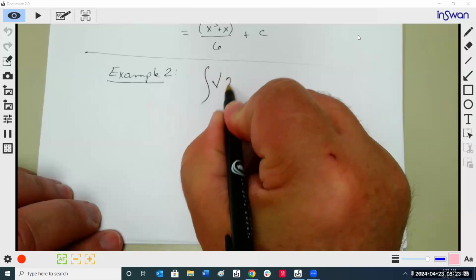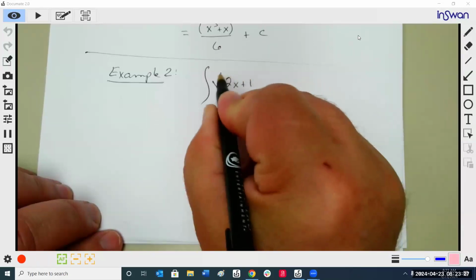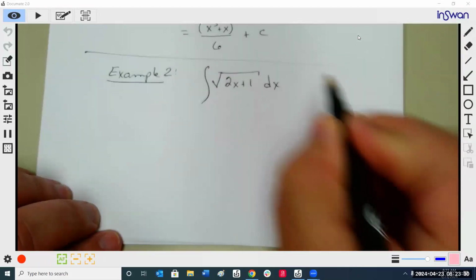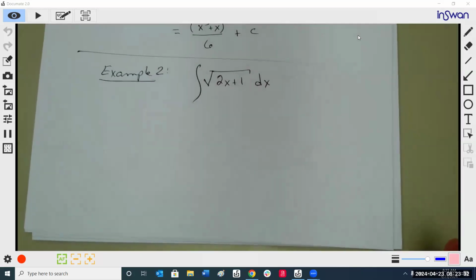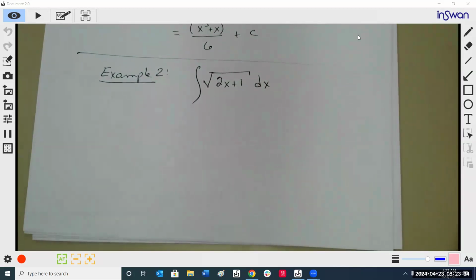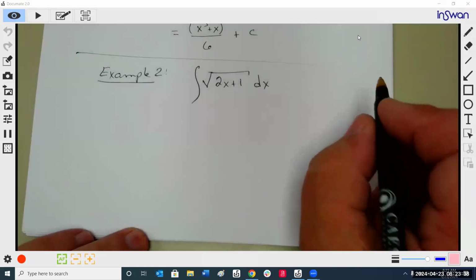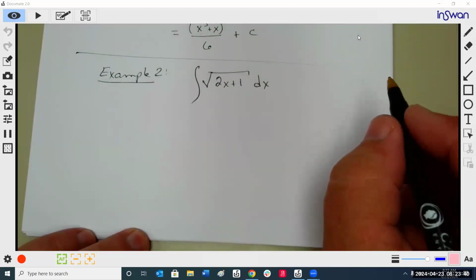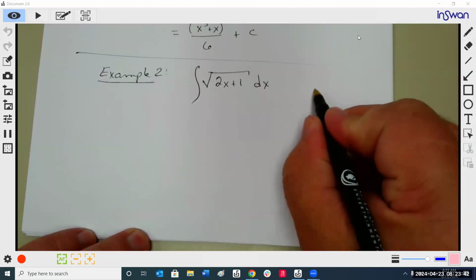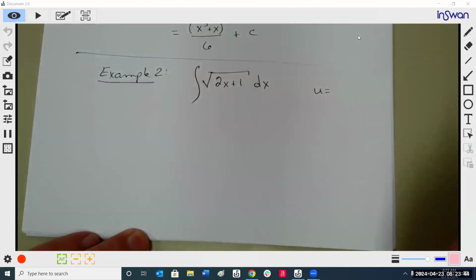The radical of 2x plus 1 dx. Okay. What's our substitution going to be here? What's our u going to be?